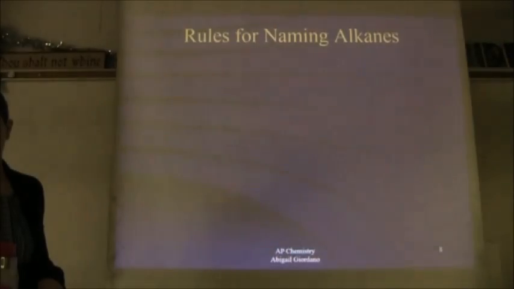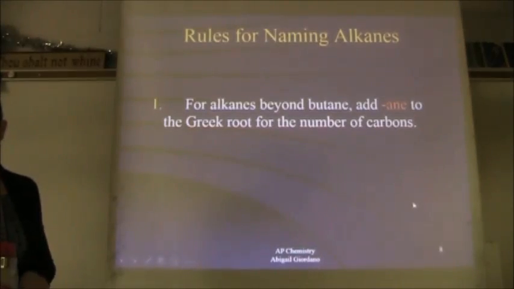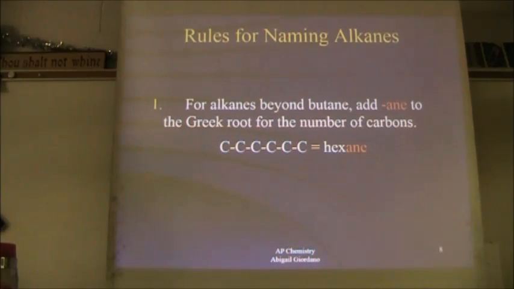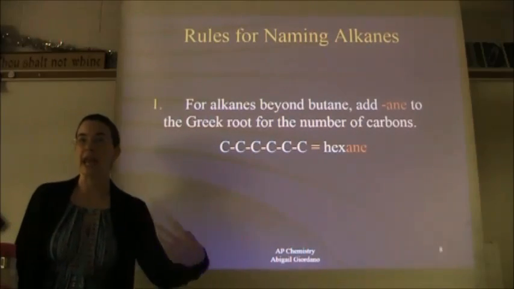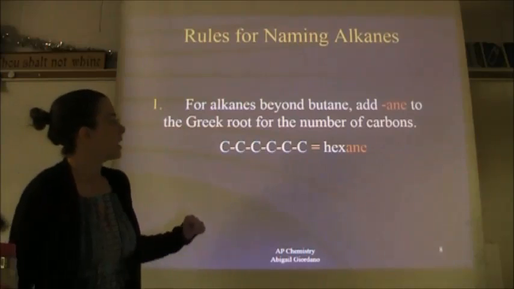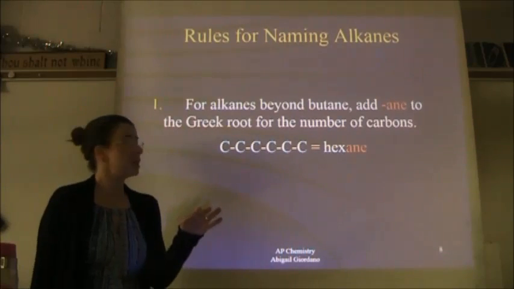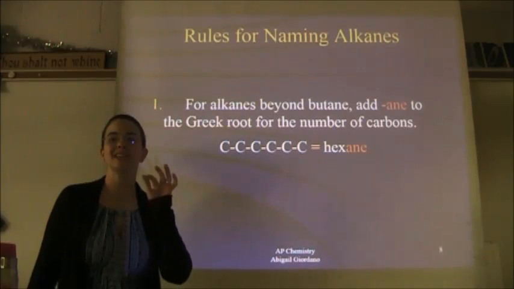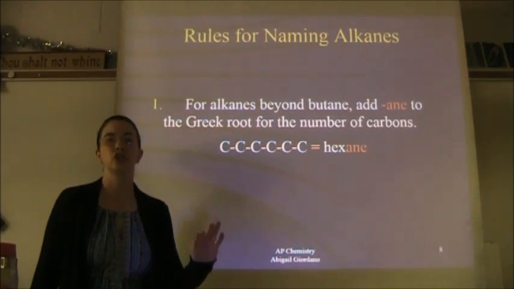So let's talk about how to name these things. The first thing you have to do, if I give you a molecule and say, name this hydrocarbon, is find or count how many carbons are in the longest consecutive chain.